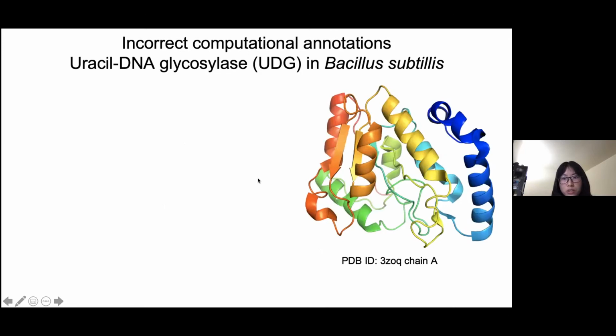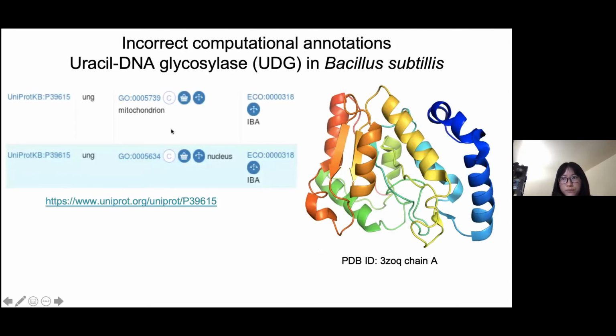Here, UDG is a well-studied enzyme for repairing DNA. Bacillus is a kind of bacteria. So in Bacillus, this protein has a solved structure, which I showed on the right. Despite being such a well-characterized protein, its UniProt annotation assigns this protein to the mitochondria and the nucleus, both of which are not in the Bacillus bacteria.